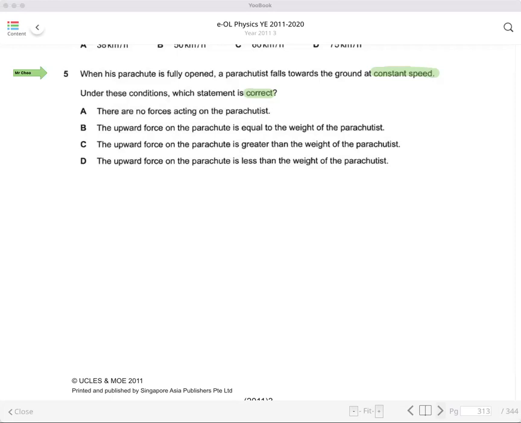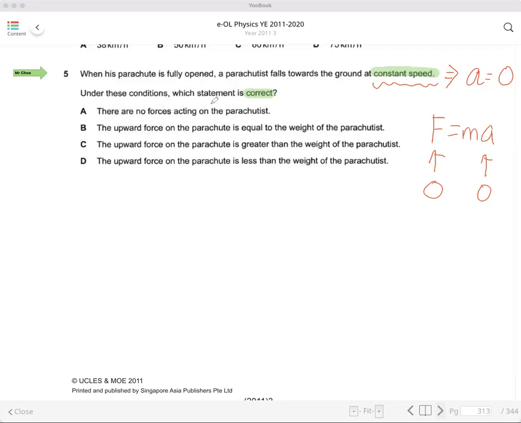So in this case, when the speed is constant, it means that acceleration is 0. So when F is equal to ma, when a is 0, your net force is 0. So why is A incorrect?